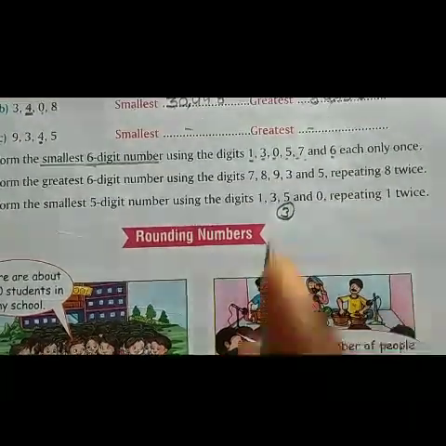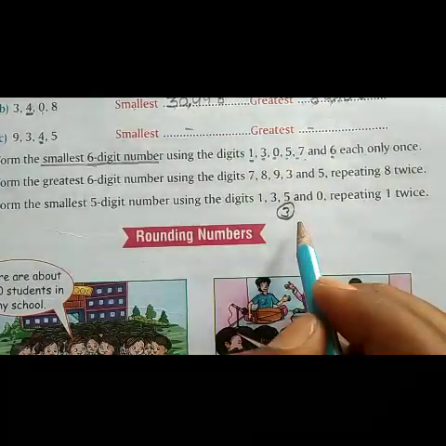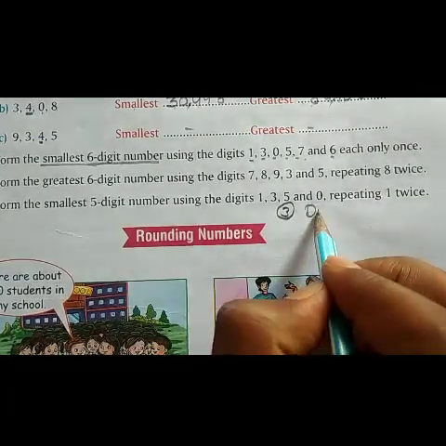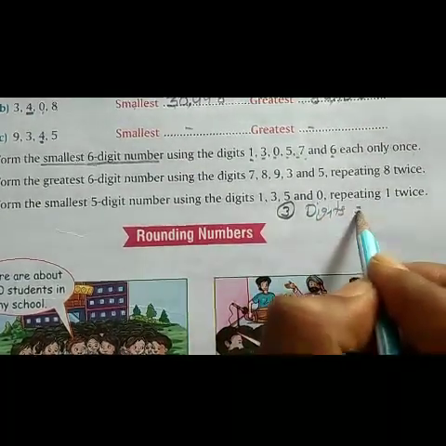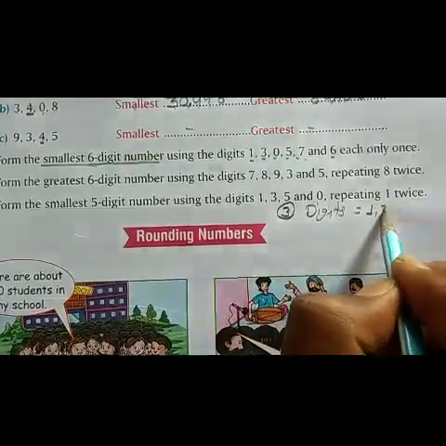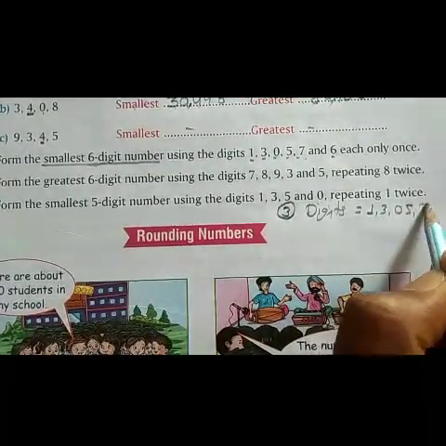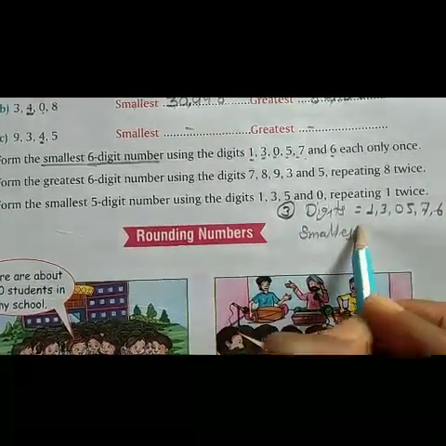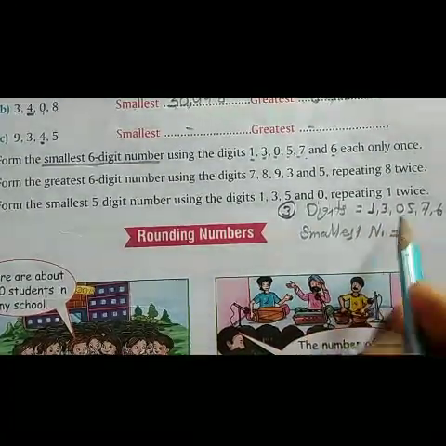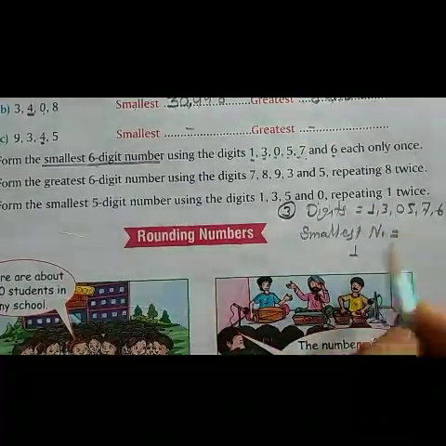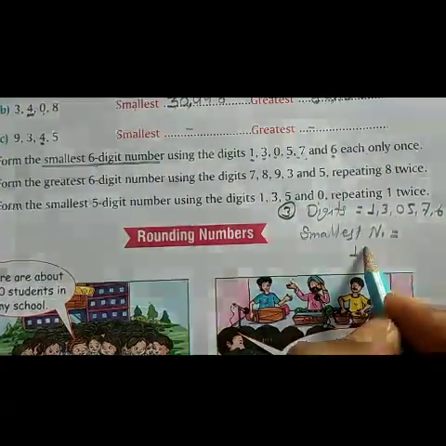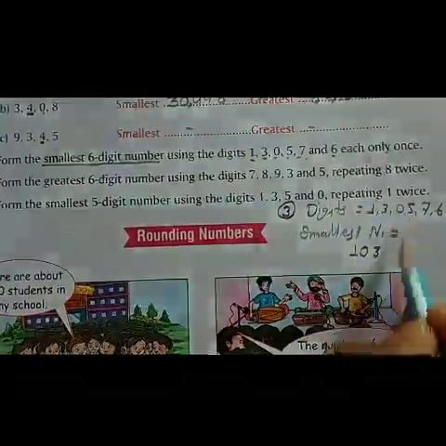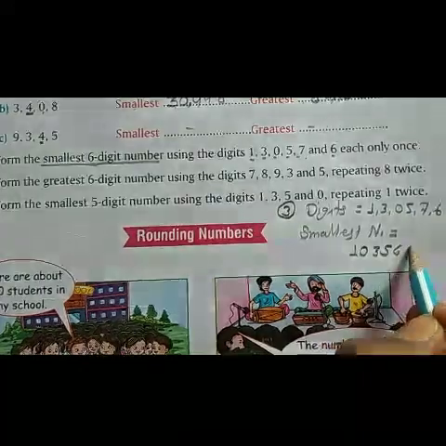In proper manner to write in the notebook, the given digits are 1, 3, 0, 5, 7 and 6. So smallest number equal to, first of all 1, 0 will be at second place from the extreme left. So 1, 0, then 3, then 5, then 6, then 7.